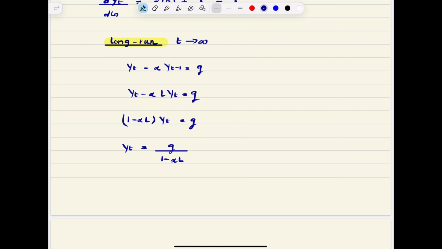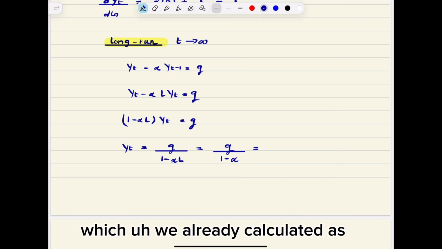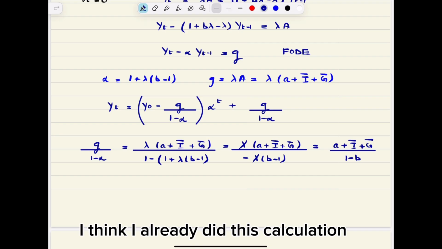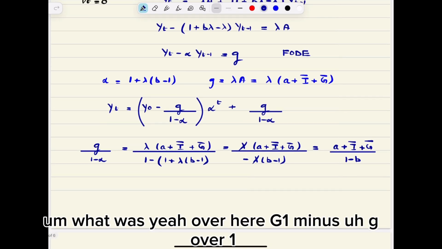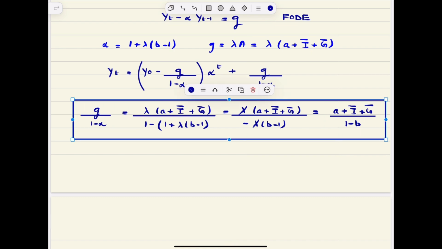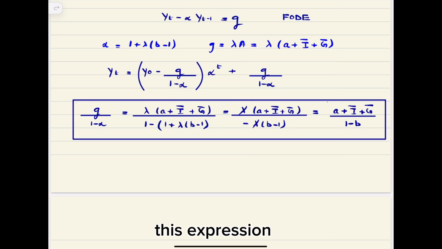So this is going to be g over 1 minus alpha, which we already calculated. I think I already did this calculation. Over here, g over 1 minus alpha was equal to this expression.